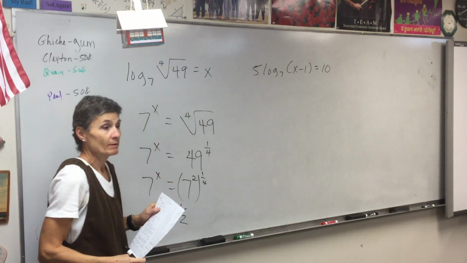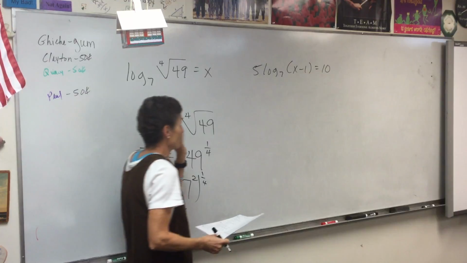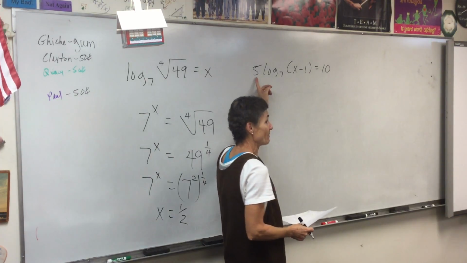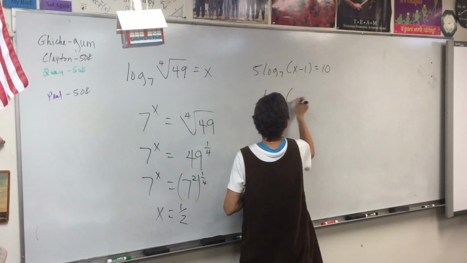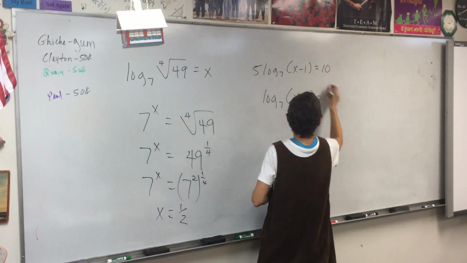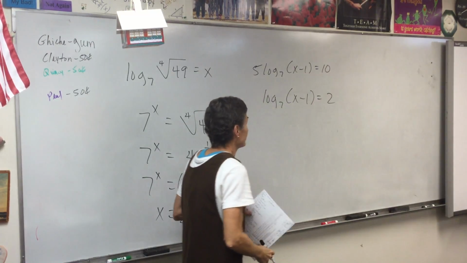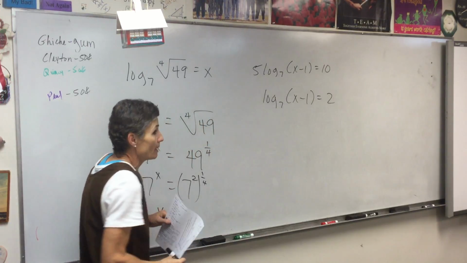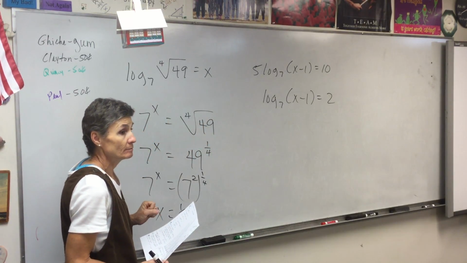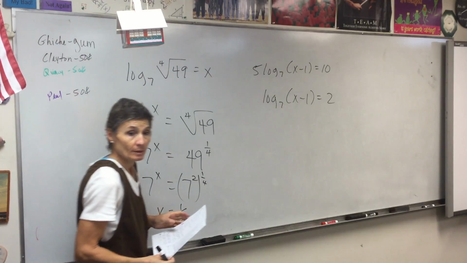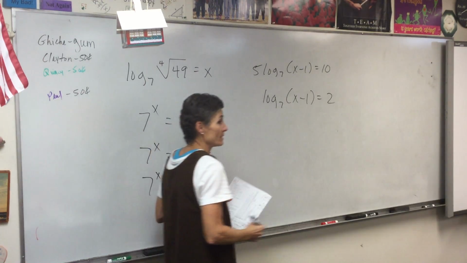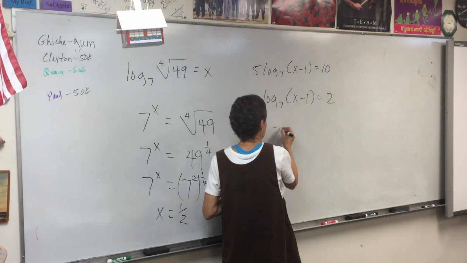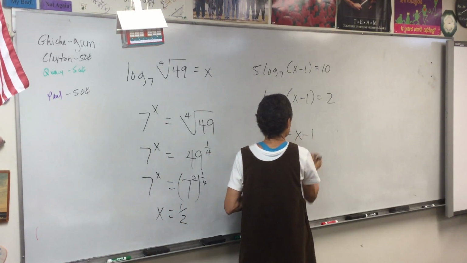Divide by 5. The equation's not solvable with a 5 out in front of it. You have to get rid of that 5. And the easiest way to get rid of it is to just divide it out. Just get rid of it, period. And then, so we'll rewrite it as 7 to the second equals x minus 1.